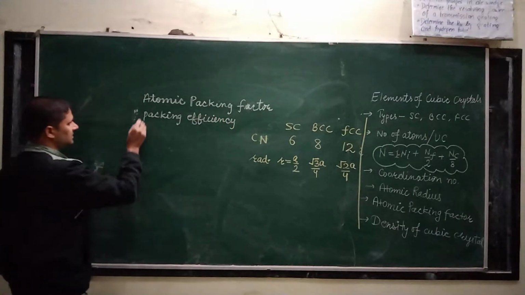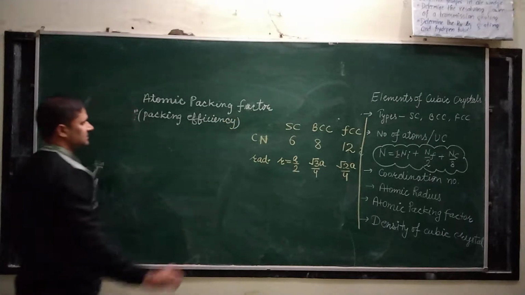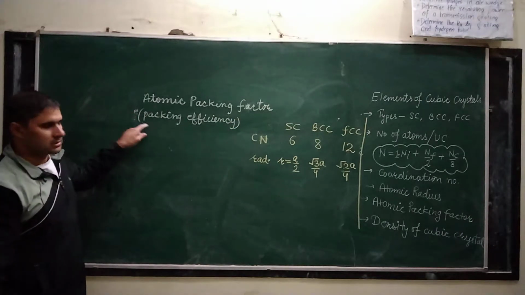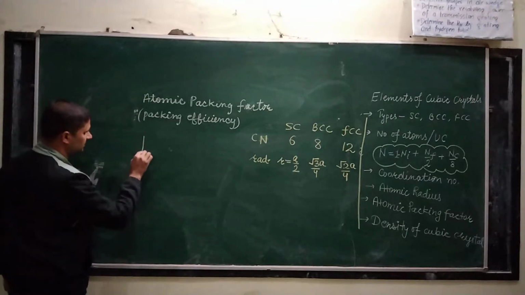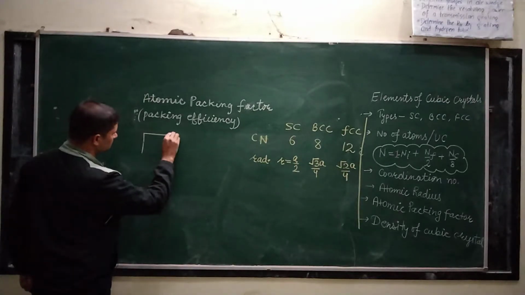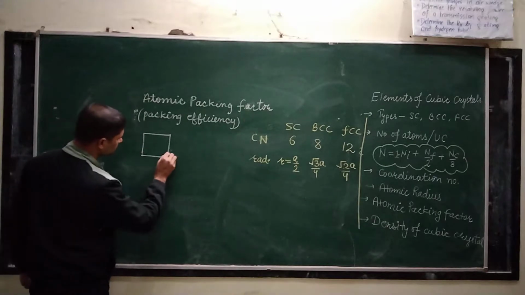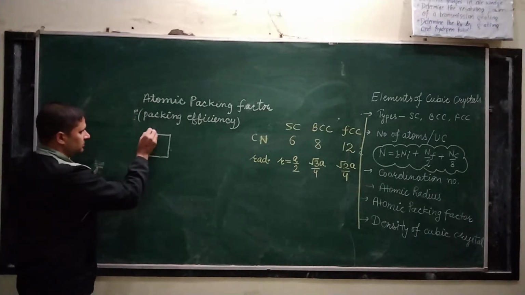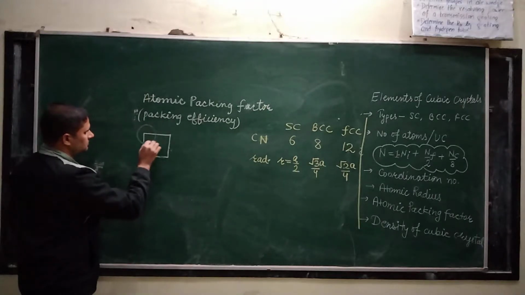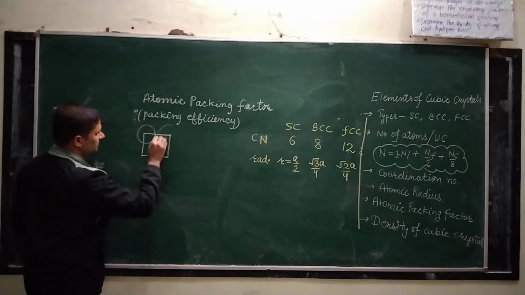So firstly, see what this thing is. In the previous lecture you have seen, I am taking the example of simple cubic here. This is simple cubic. Okay class, and understand it with this 2D diagram, a two-dimensional diagram.